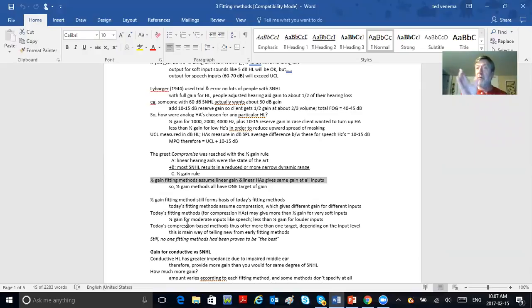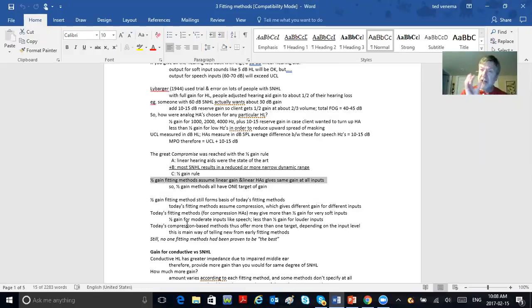But before compression emerged some 20 years ago, okay, hearing aids were linear. And the fitting methods were based on linear hearing aids. And they have one target for any person, okay? Your hearing loss being sloped this way, you'd have a target. My hearing loss sloped this way would have a different target, okay?